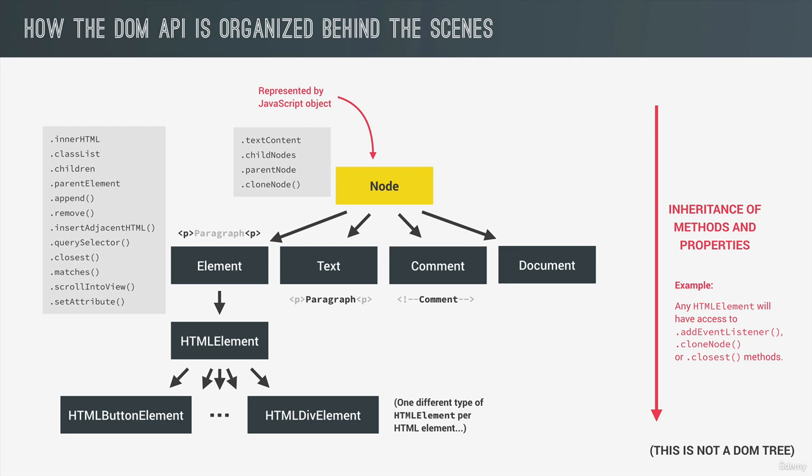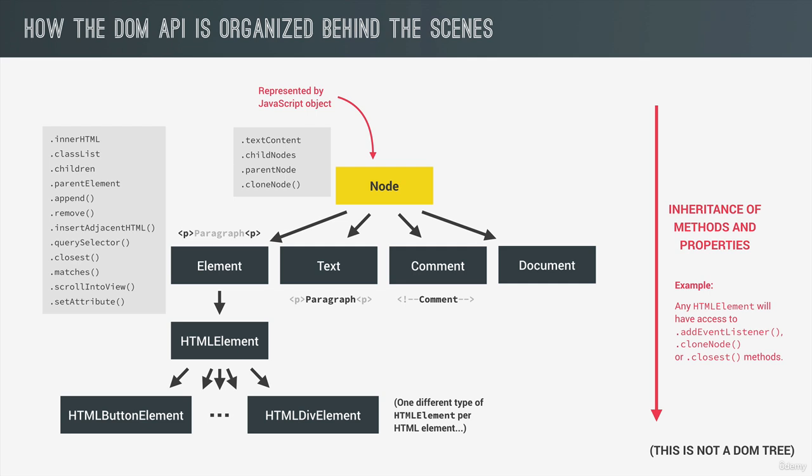And besides that, it will also get access to everything from the node type, because that is also its parent type. Okay? So we can think of this as if the HTML button element, for example, is also an element and also a node. All right?